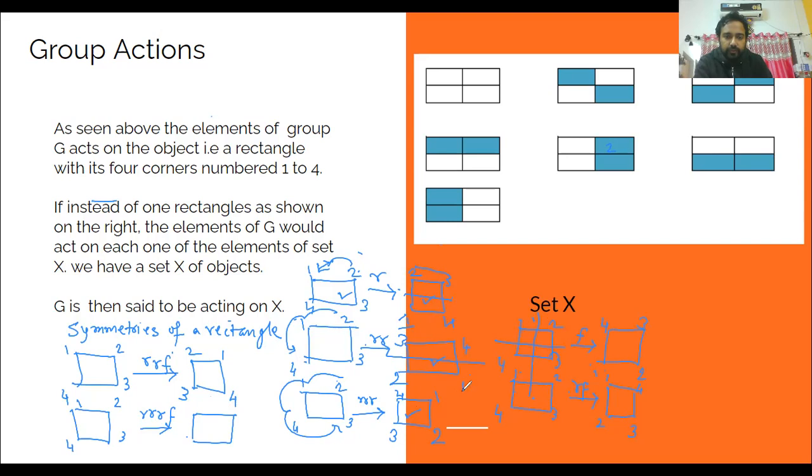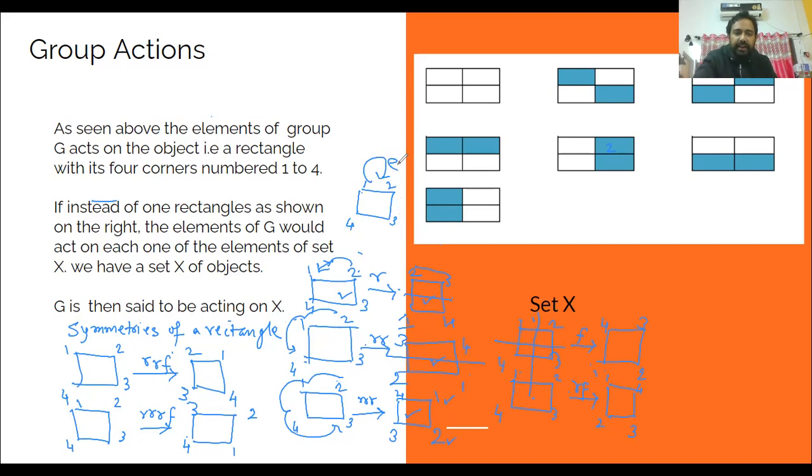So 4 and 1 are at the top, so we get 4 and 1 at the bottom here. 3 and 2 are at the top, so 3 and 2 come to the top. And obviously the action E does no action on the object, so it just keeps it at the same position.